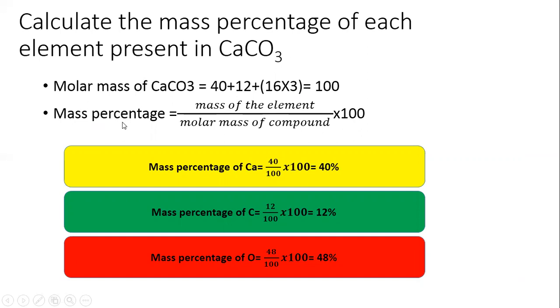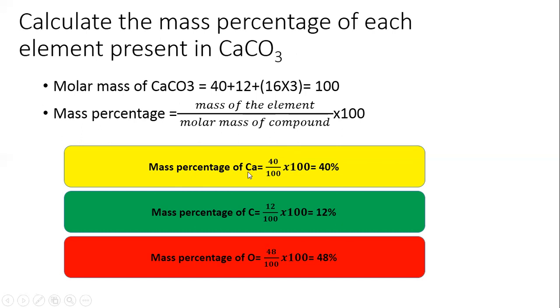We know that mass percentage equals mass of the element upon molar mass of the compound into 100. Mass percentage of calcium equals atomic mass of calcium upon molar mass. Total molar mass is 100, into 100 equals 40%.